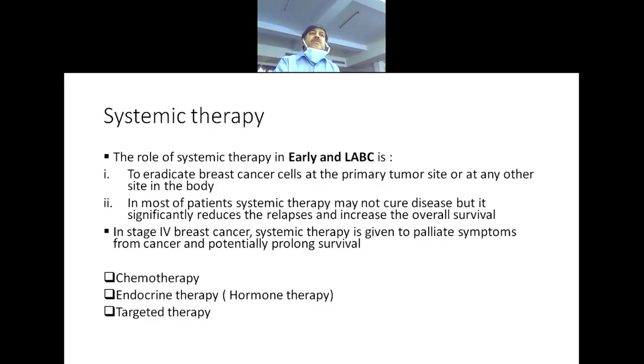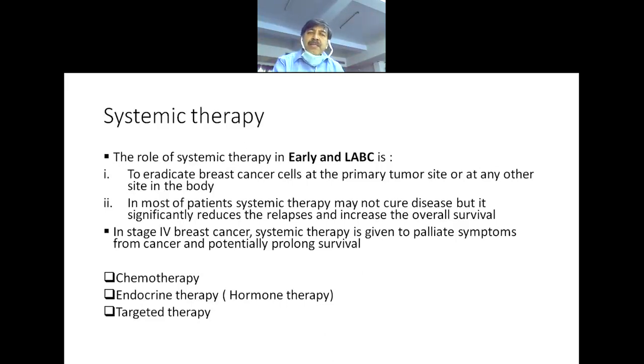Now coming to the systemic therapy. Systemic therapy is used in all the cases irrespective of the size of the tumor. Even if the size of the tumor is 1 centimeter, or whether lymph nodes are there or not, or if there is metastasis or no metastasis, systemic therapy has a definite role.